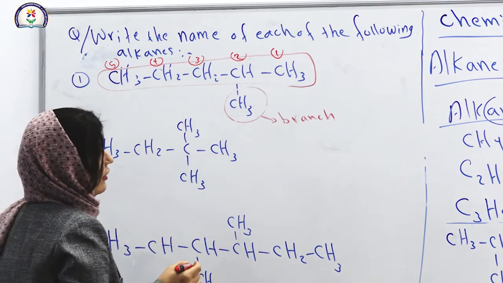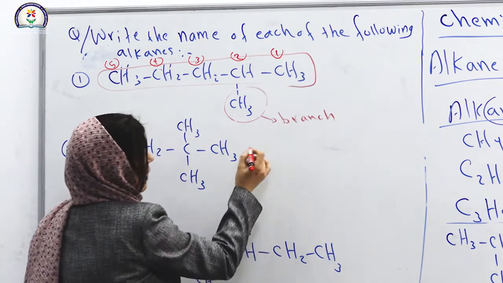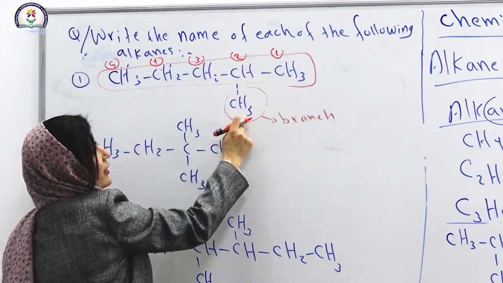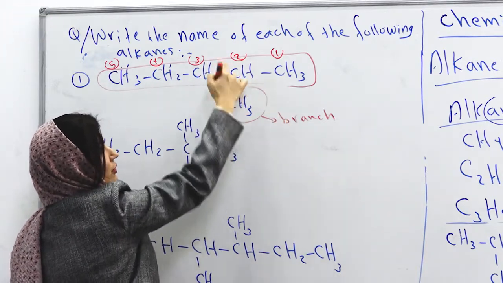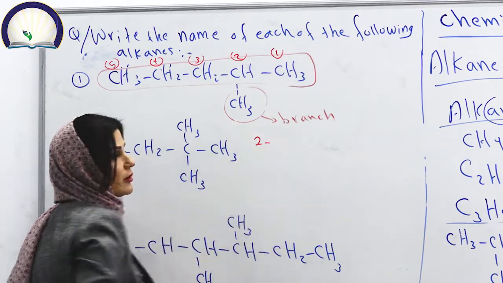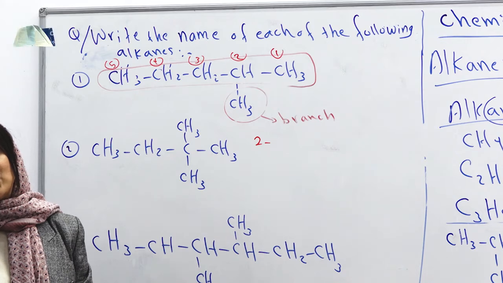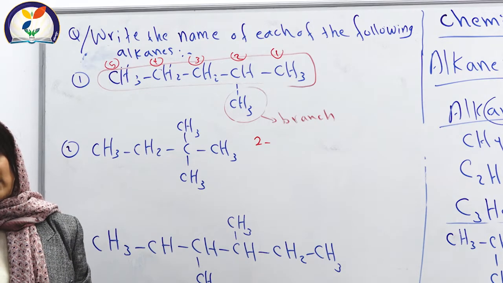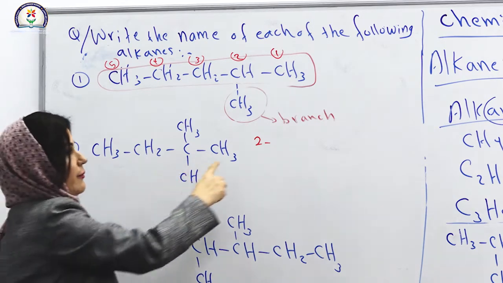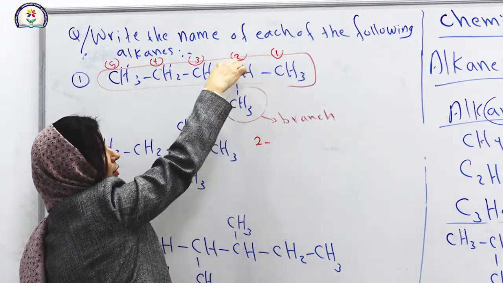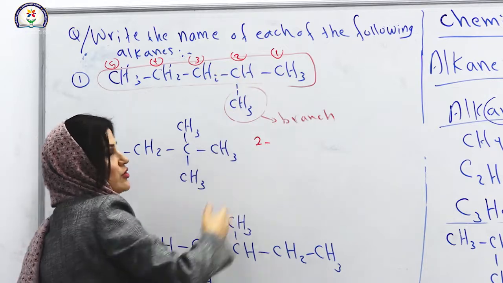The rule that we have to use is to write the number of the carbon that has the branch. The number of the carbon that has the branch is 2. You have to locate the place of the branch, and in the beginning you write that number, 2.